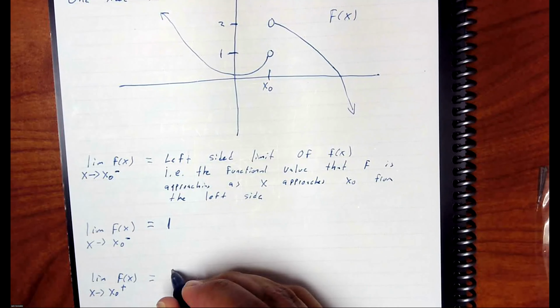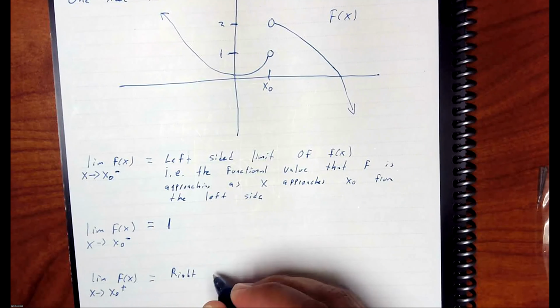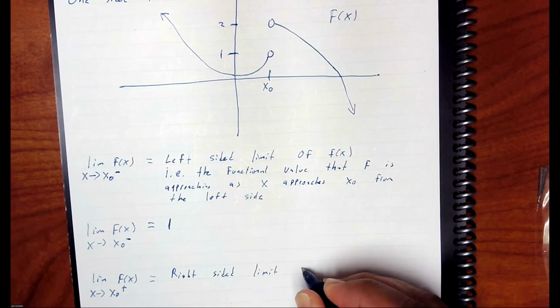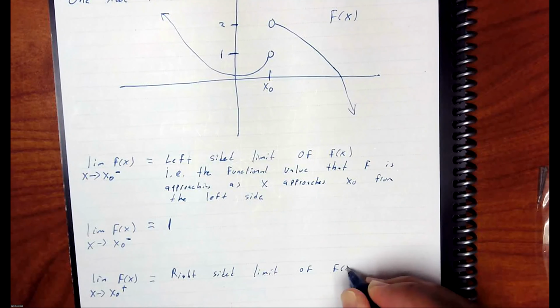So this is called the right-sided limit of f of x.